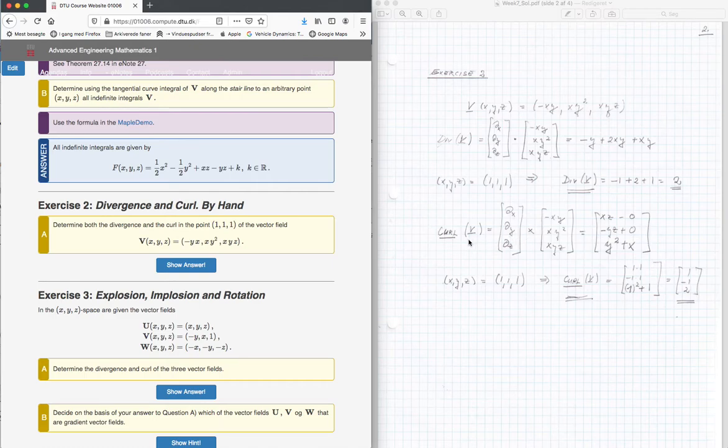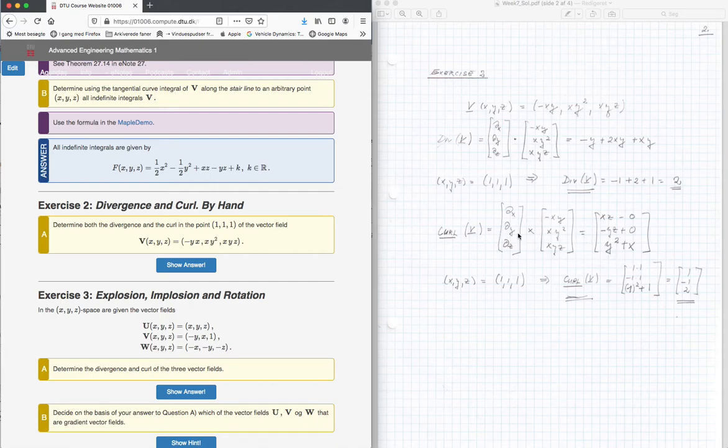Again, when you compute the curl of a vector field, it's a cross product between the nabla operator and this, which looks like this. What I do is that I put my finger across the first row here, and then I evaluate this subdeterminant, and when I differentiate this with respect to y, I get xz, and this doesn't depend on z, so I get a 0 here, and so forth.